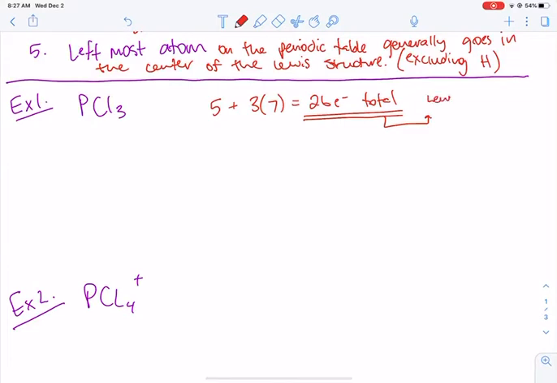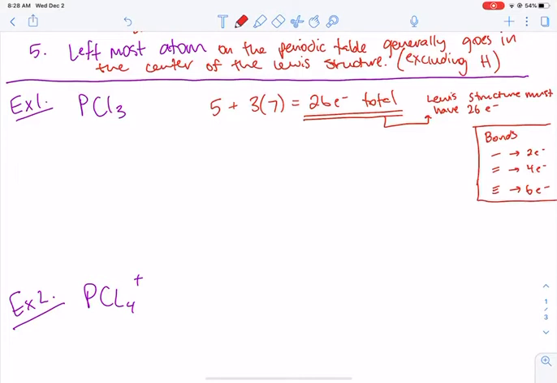So the Lewis structure must have 26 electrons in it. Remember, in our Lewis structures we have these things called bonds. We have a single bond, a double bond, and a triple bond, right? This is 2 electrons, this is 4 electrons, this is 6 electrons.